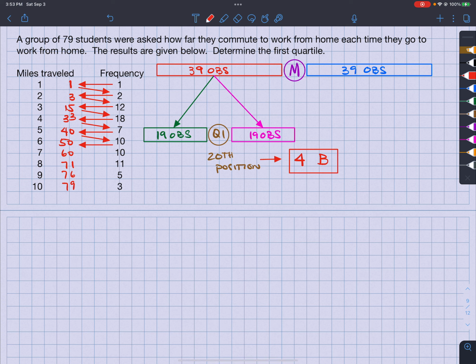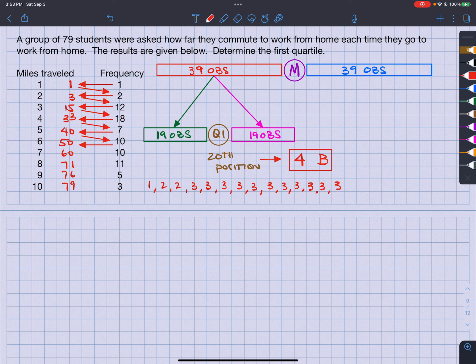Now, you are also welcome to list all these out. I just want you to see what this should look like. If I was to list all this out, it should be 1, 2, 2, then 3, 3, 3, 3, 3, 3, 3, 3, 3.